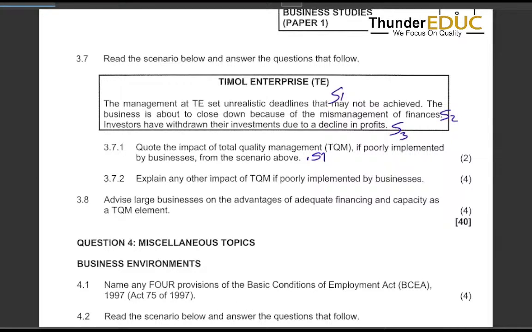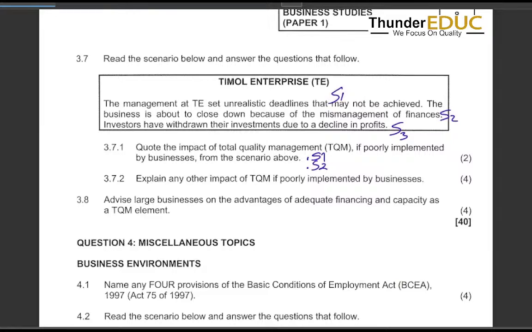So that is one of the examples of management when it's poorly implemented. And also the second sentence, which says the business is about to close down because of the mismanagement of finances. So now grade 12, remember, you write the sentences in full. You don't write S1 and S2. Kindly write those sentences in full.